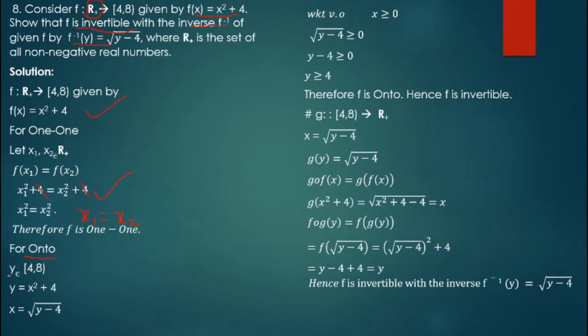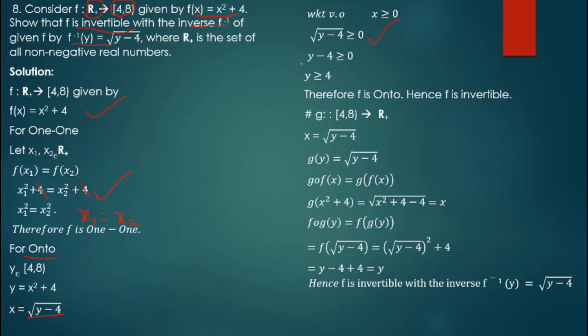Next, for onto, y belongs to [4, ∞). So the element y belongs to this set. So y = x² + 4. Writing x in terms of y, that is x = √(y − 4). We know that the value of x is greater than or equal to 0, because R+ is the set of all non-negative real numbers. So √(y − 4) is greater than or equal to 0.